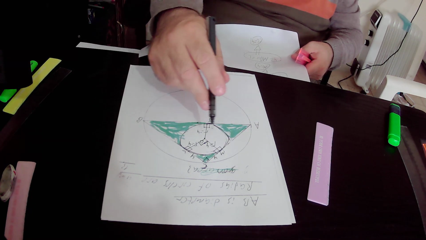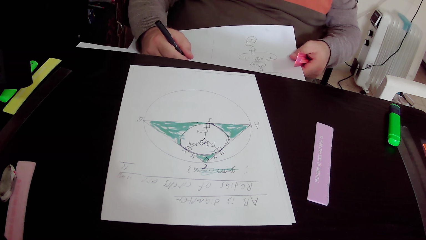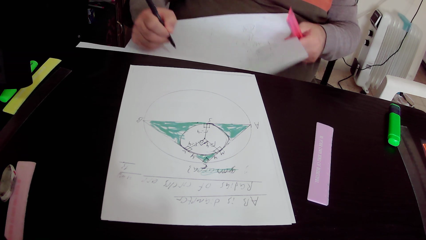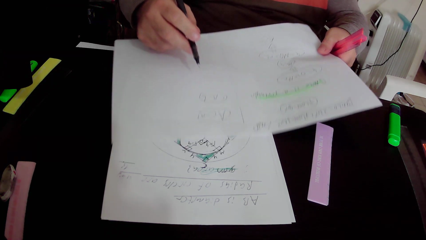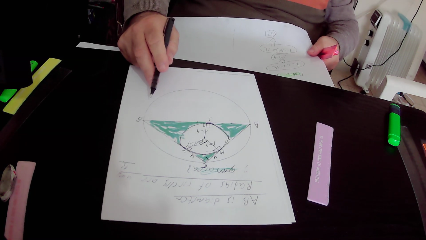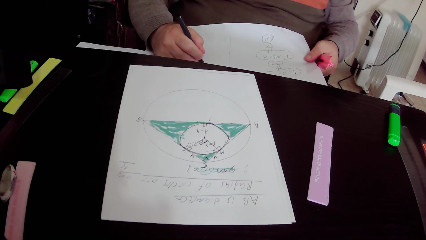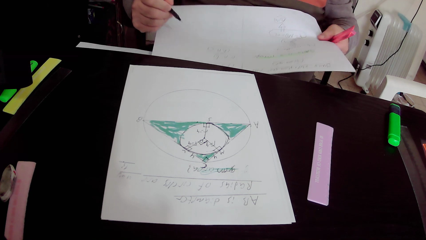We define side CB as B. CB equals B units according to our definition. And we define side AB as C. AB equals C units according to our definition.